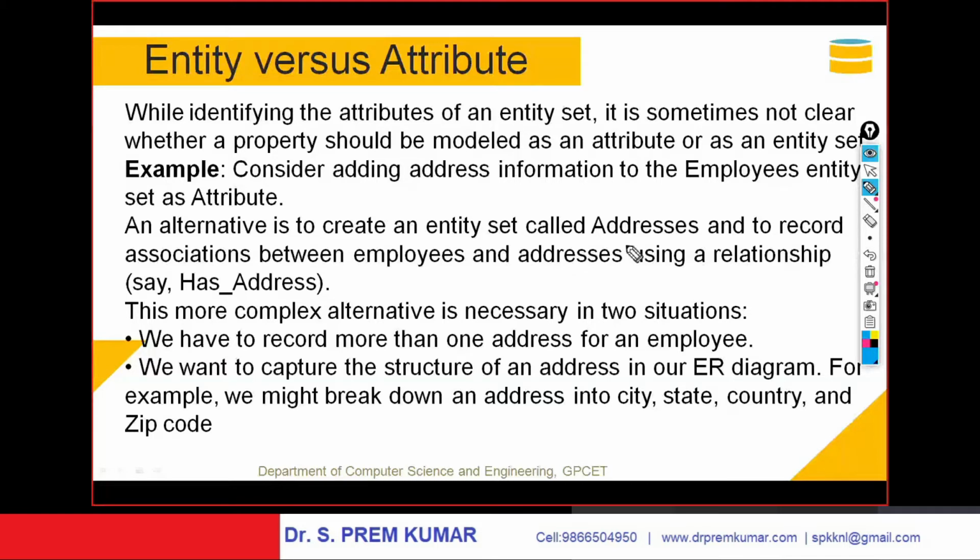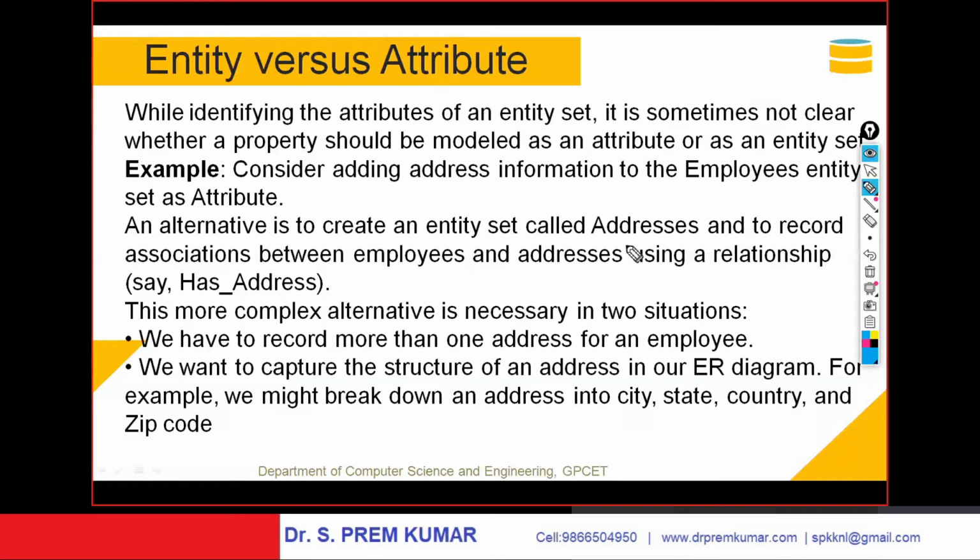For example, in employee, I take employee number as an attribute, name as an attribute, salary as an attribute. Address, though, raises a doubt whether it is an attribute of the employee entity or a separate entity.